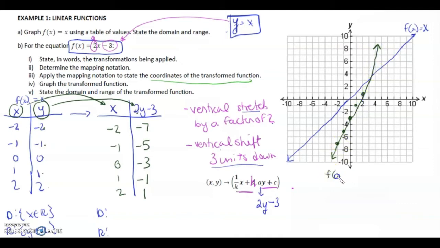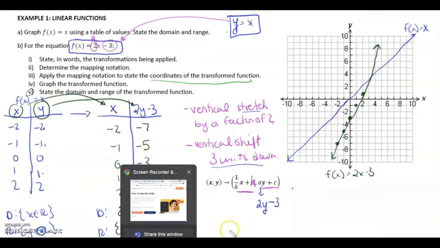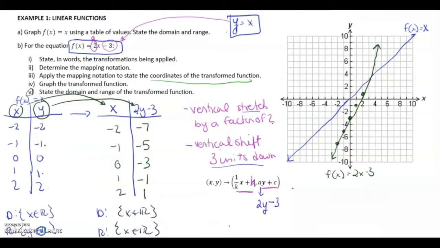And that's going to be f(x) = 2x - 3. And for the domain and the range, like for part B5, x ∈ R and y ∈ R stay, because that is the domain and the range for any line.